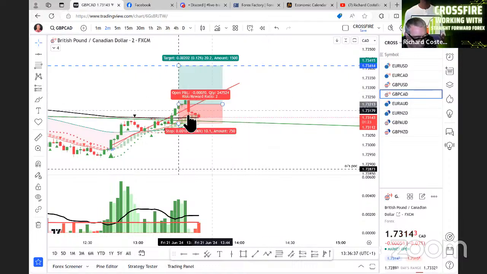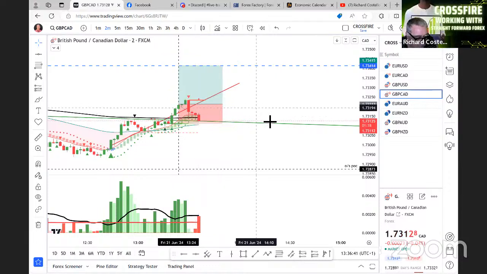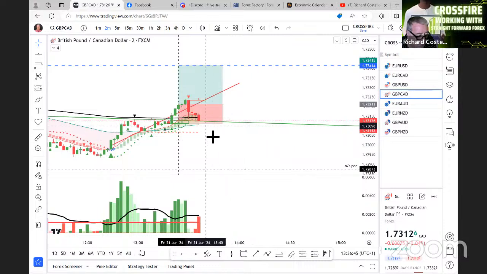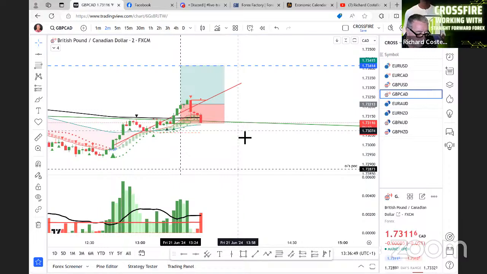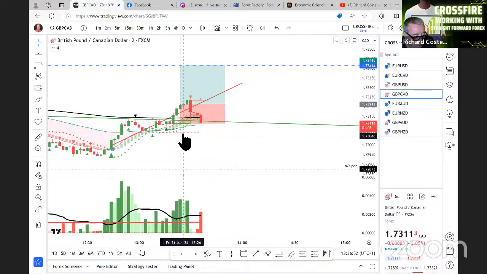Okay, so price has come all the way back down to the 200 moving average. It looks like it's going to also go through the green trend line. If it does, we've got a red dashed line here, and that indicates the break of structure point.